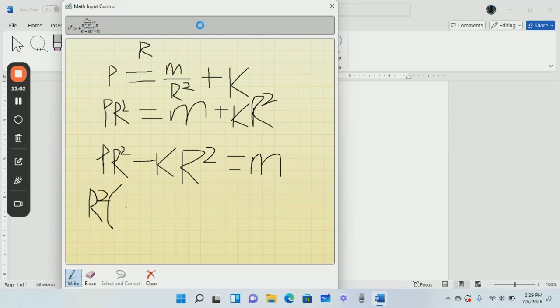Open the bracket. We have our P, because there's P here with the r squared, so we bring the P. And here we have r squared and k. We bring the r squared out already, so we only write minus k. Close the bracket, equals m. This line is too long.